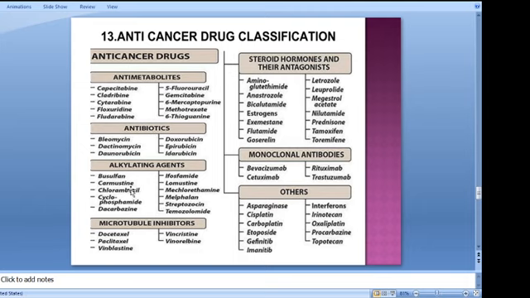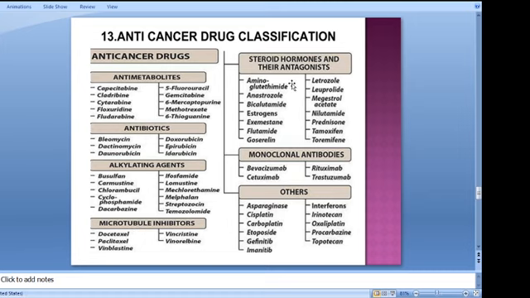Then alkylating agents: busulfan, carmustine, chlorambucil, cyclophosphamide, lomustine, and melphalan. These are the drugs that come under alkylating agents. Then microtubule inhibitors like vincristine, vinblastine, vinorelbine, and paclitaxel.